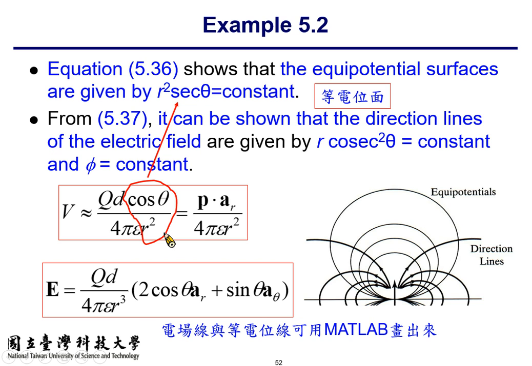This is the first example where we derive E in terms of V. Once you have V, you use the V of point sources and assemble them to form the voltage of a complicated source, and you take the gradient of the total V to find the total E from a complicated charge distribution.